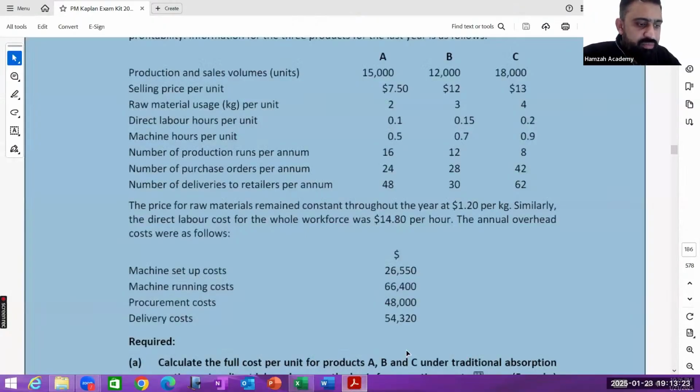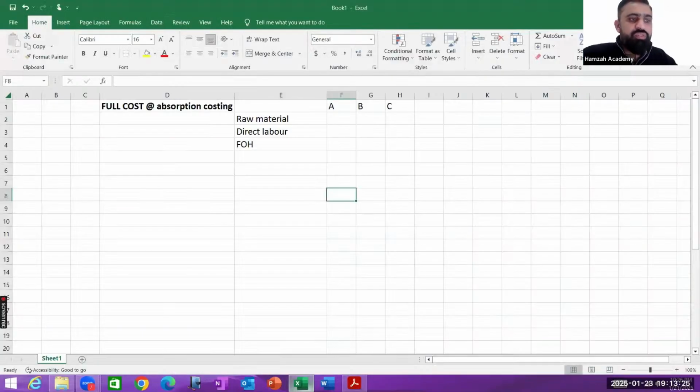So these three elements determine the cost of the product, and we determine the cost per unit.